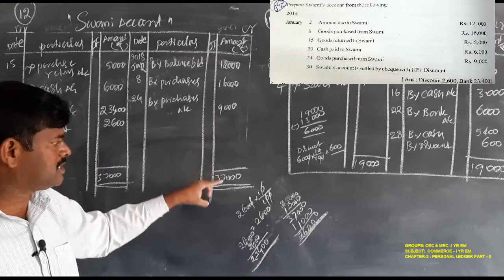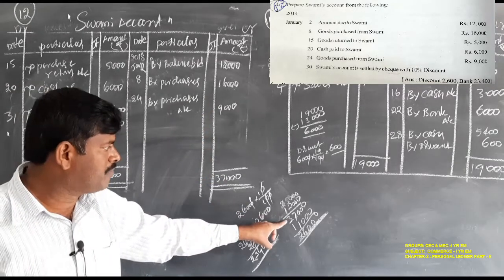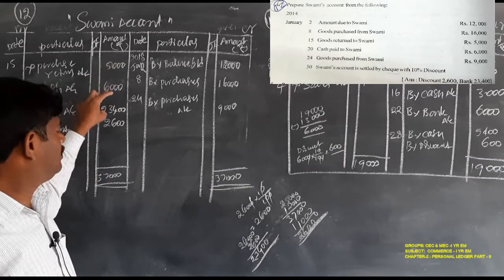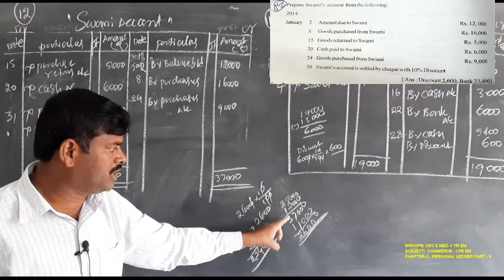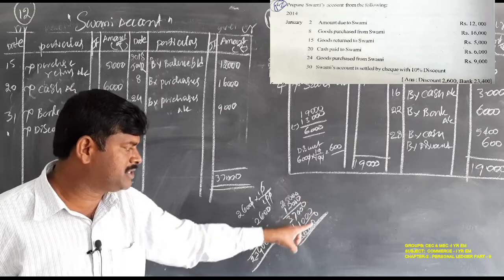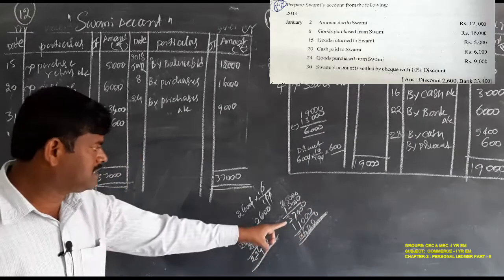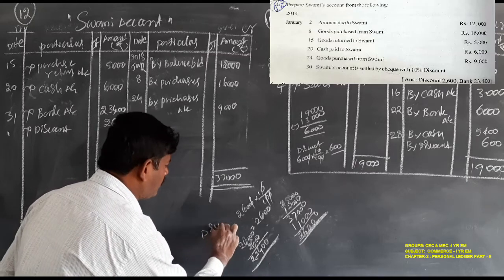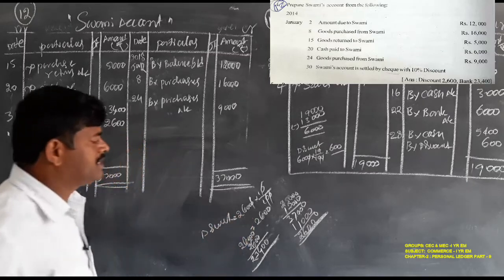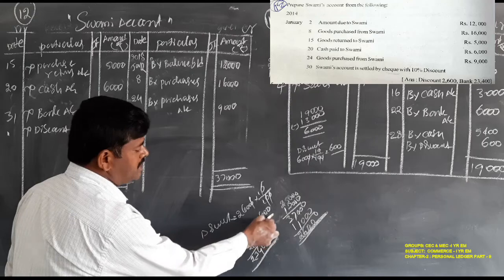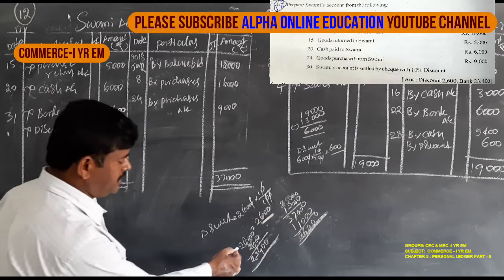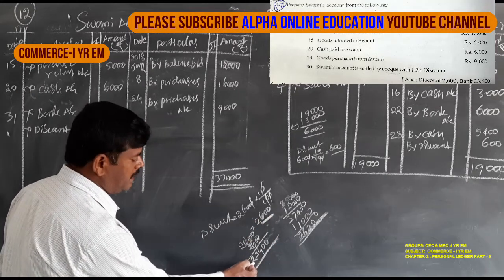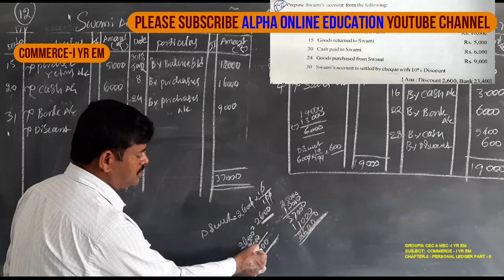First total them, 37,000 rupees minus debit total 11,000 rupees. We get the 26,000 rupees net balance. Discount will be 26,000, 10%, 2,600 rupees. From 26,000, 2,600 deducted, net balance is 23,400 rupees.